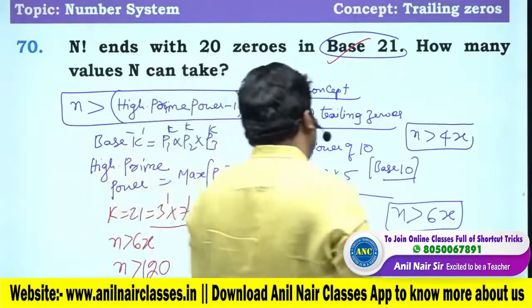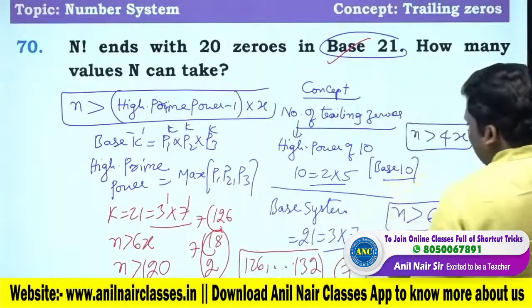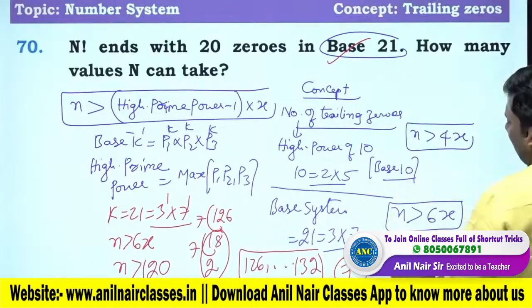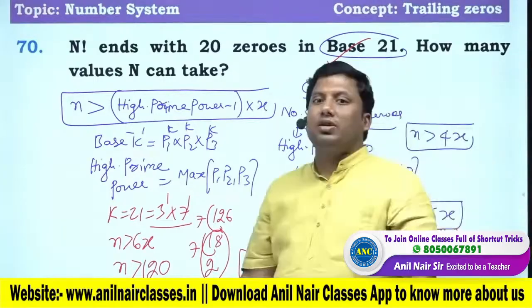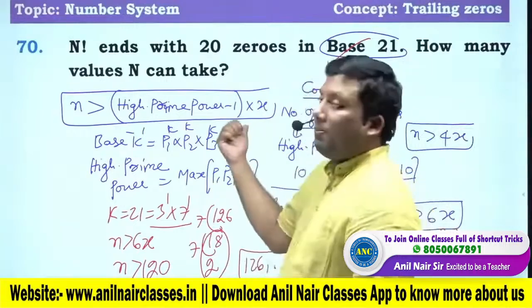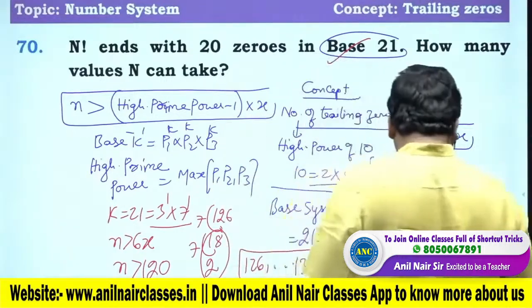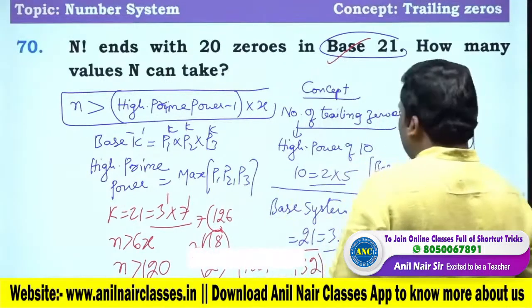How did you get n greater than 7? 6x is equivalent to n by 7 plus n by 7 square, n by 7 cube, and so on. So x is less than n by 7, same thing. So in base system 21, what is the relationship? N is greater than 6x.